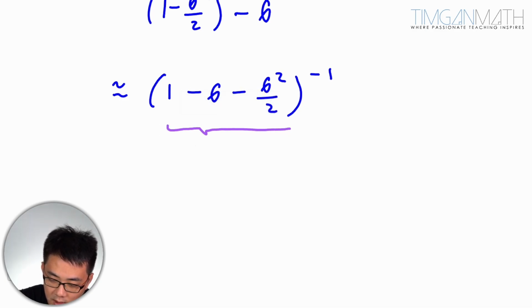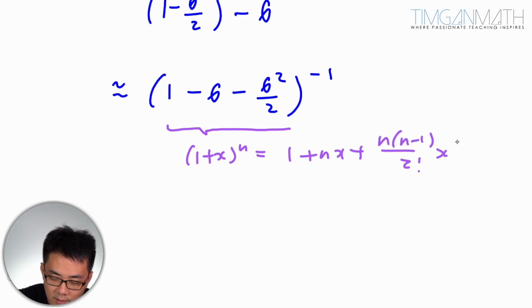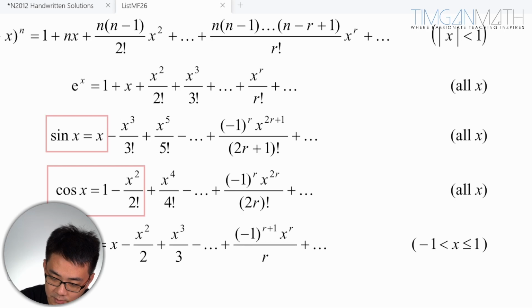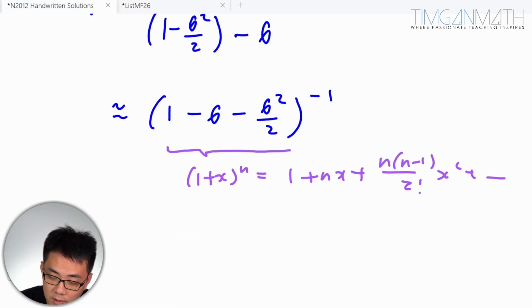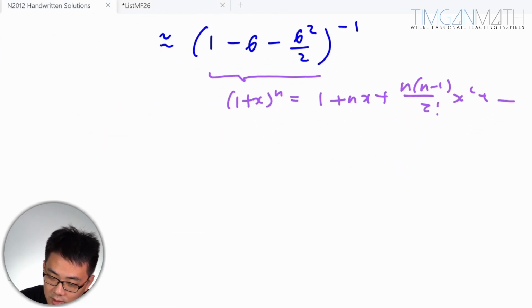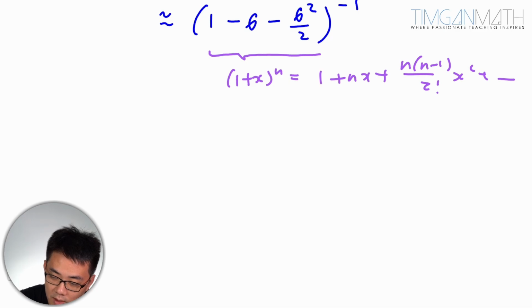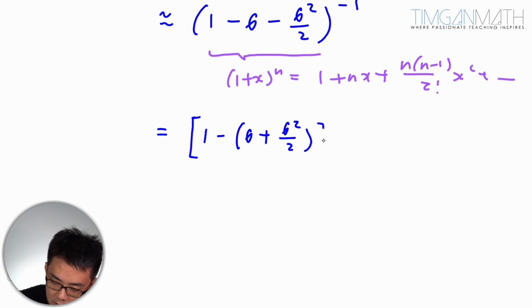What we need is to segregate this, using (1 plus x) to the n equals 1 plus nx plus n(n-1) over 2 factorial x squared. This is from MF26. If you look at MF26, you have this power series that you can use, so I'm going to use that. In this case, we just separate the x there. This is 1 minus theta plus theta squared over 2.